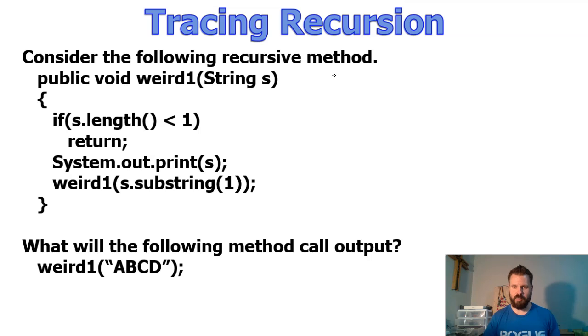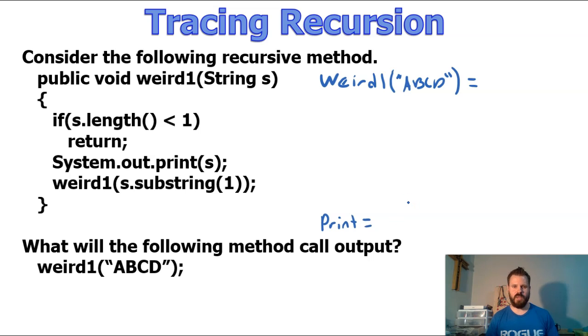Okay, so what I'm going to do for a printing case is, let's say I have weird1 of ABCD. And then at the bottom here I'm going to keep track of what we're printing out. We'll kind of build that print string one chunk at a time.